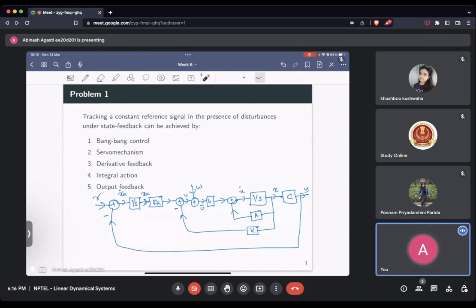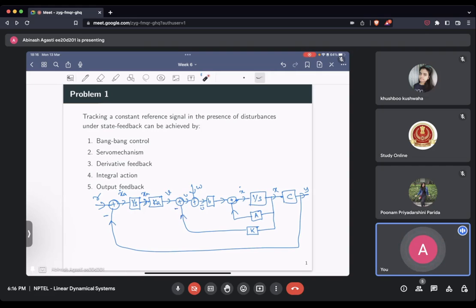Not xa, this is some v, which is Ka into xa. So here I'll give v, and here I'll get minus Kx.